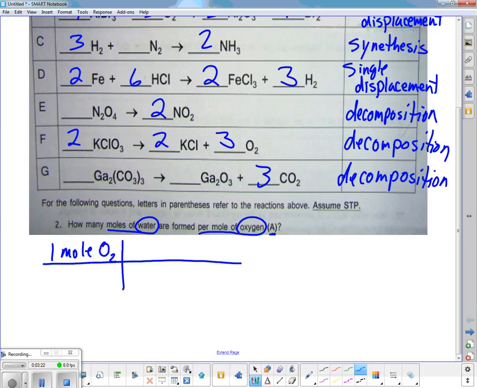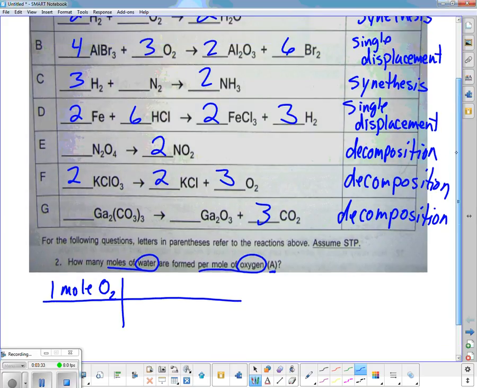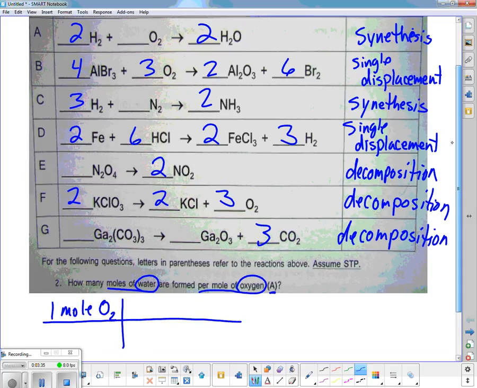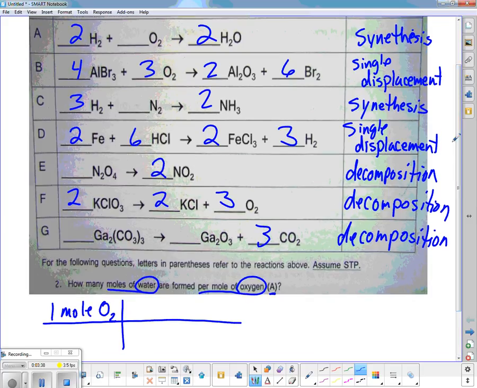That's where we start. So whatever number we're given or whatever amount we're given, we always start with this. So everybody write this down with me. We're going to go back up and we're going from oxygen to water. So we're going back up to A. I'm going to do it so we can see here. So we're going from here to here. Since we're at oxygen, we want to get rid of oxygen. We're going to put the number that's in front of oxygen down here. So it's 1 mole of O2 on the bottom.